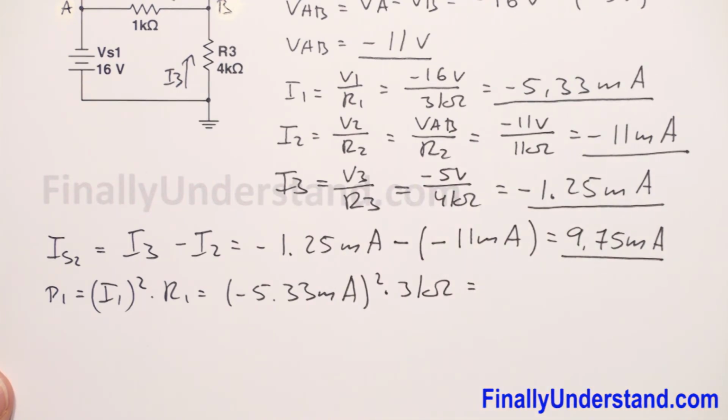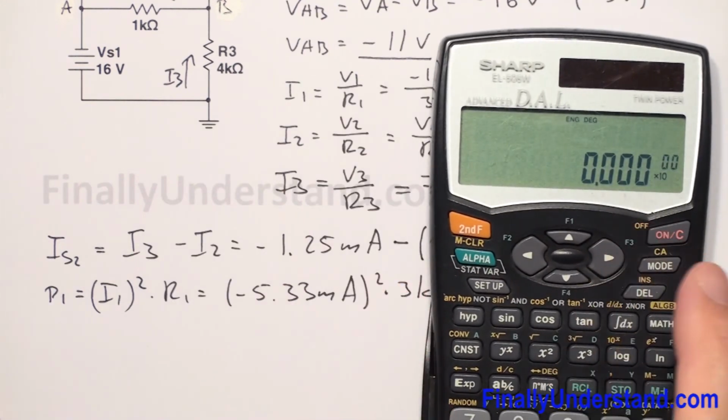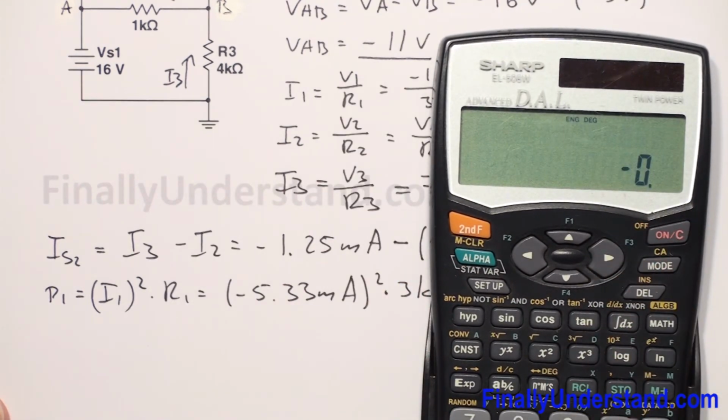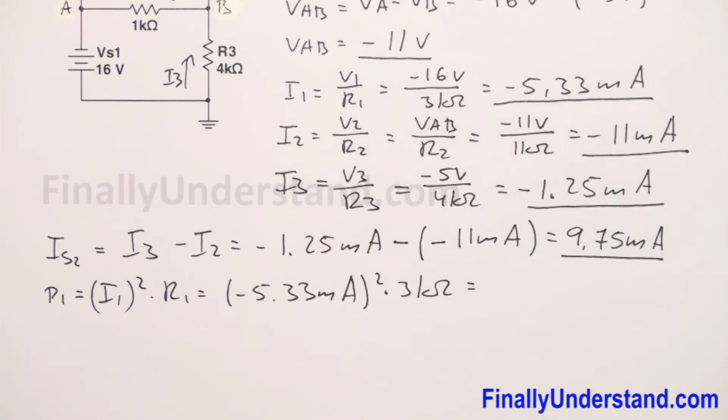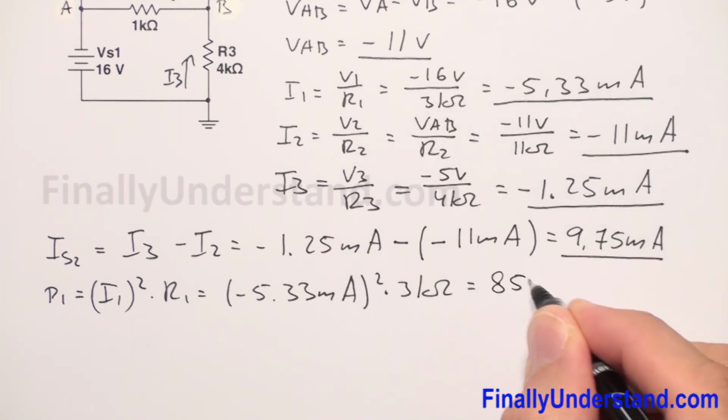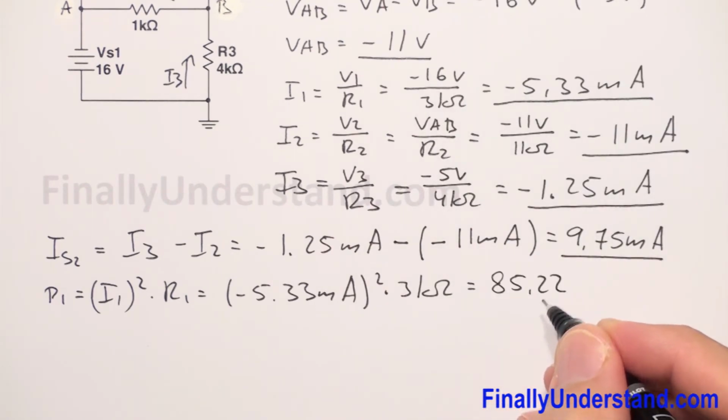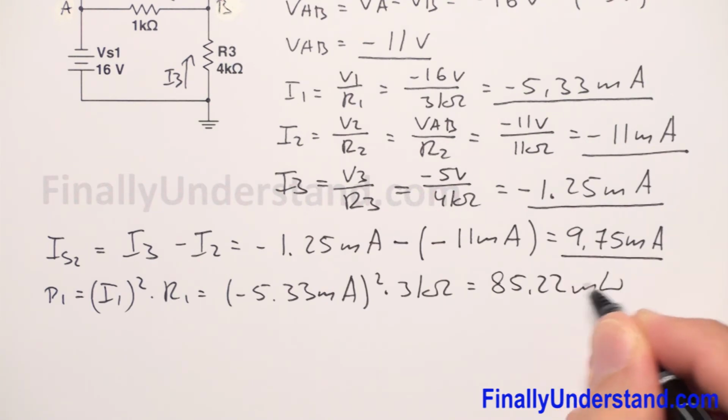This is equal to negative 5.33 times 10 to the negative 3, squared, times 3 times 10 to the 3, which equals 85.22 milliwatts.